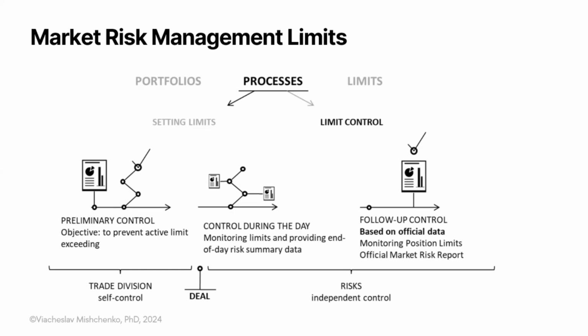Therefore, we have three main stages of limit control, as you can see here on the slide. The first one is preliminary control. This is our first line of defense. It's about preventing limit breaches before they happen. In practice, this often involves pre-trade checks, real-time limit monitoring, and so on.